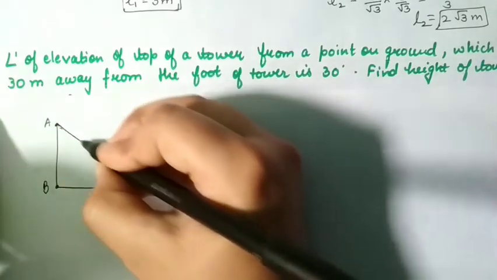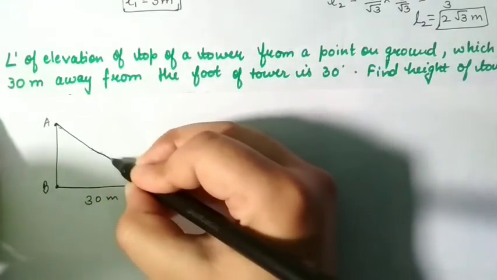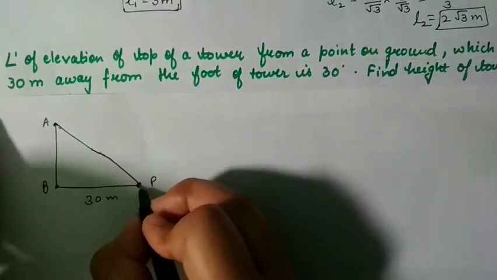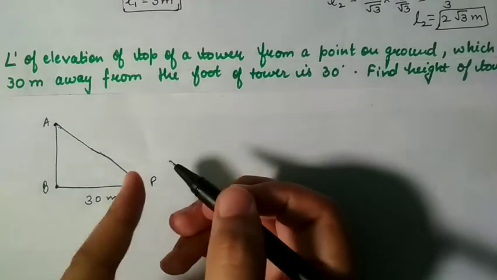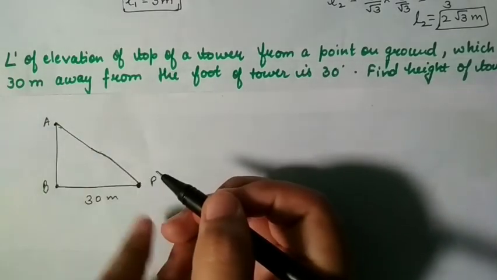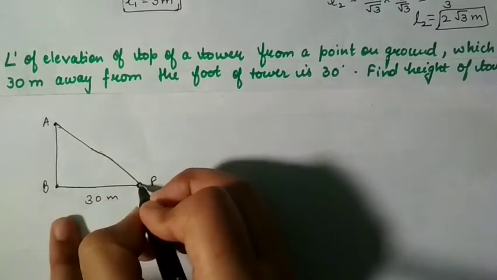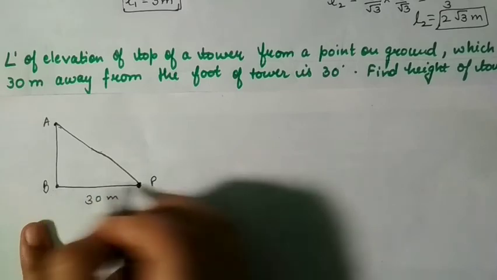So AP is the line of sight, and if this is the observer who is looking at point A, then it means the observer will face to this side, to left side. Okay, so it means that the horizontal level will be here, BP.